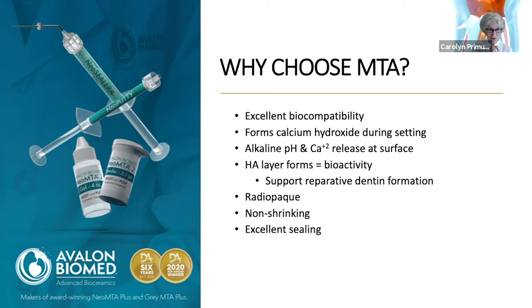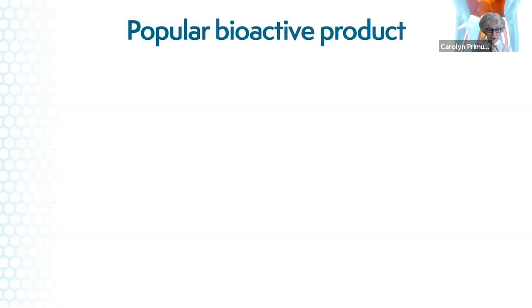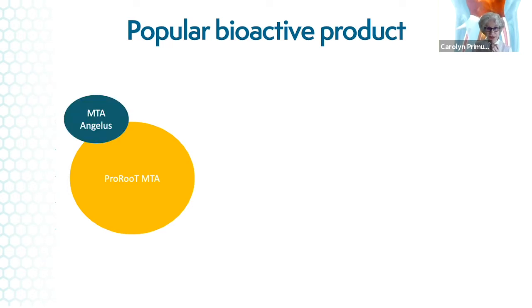So let's talk about some of those products that are quite popular. There's ProRoot MTA. That was the original. It does contain bismuth oxide. MTA Angelus also came out in white and gray versions, also containing bismuth oxide. Then there was Biodentine, which doesn't contain bismuth oxide, but it's kind of pale on a radiograph.